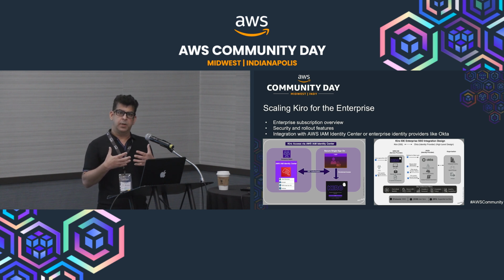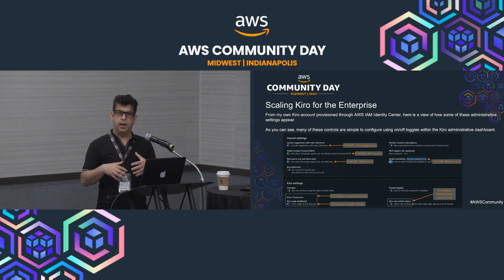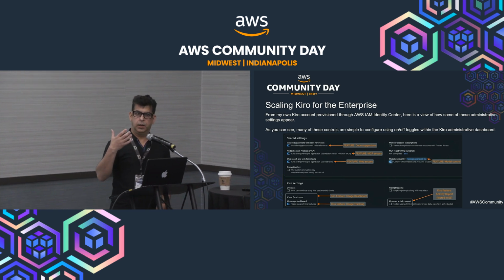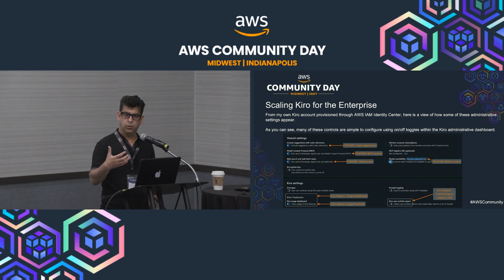And when you do that, not only are you getting the enterprise-level signing process, but for the AI administrator and the governance, it's also giving you an ability to control the models that you can allow to be used with Kiro, and also what MCP servers you want to allow in your organization.